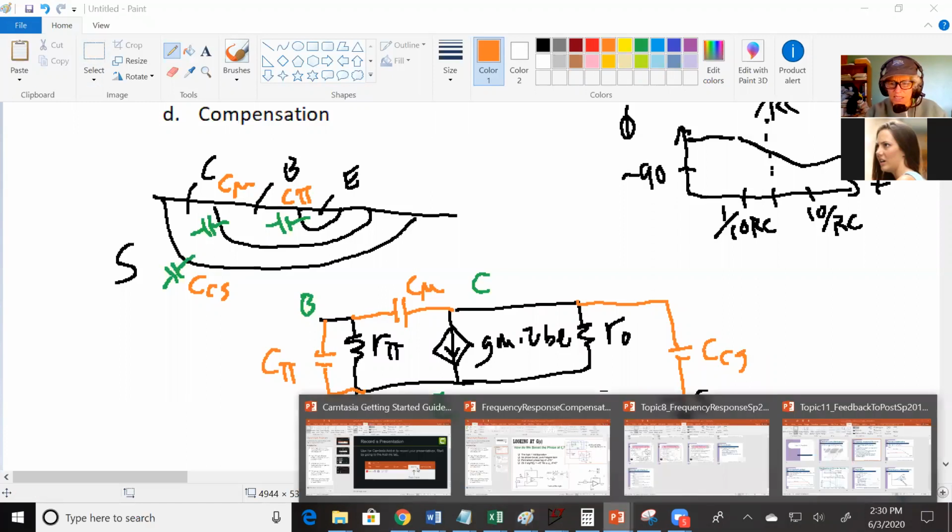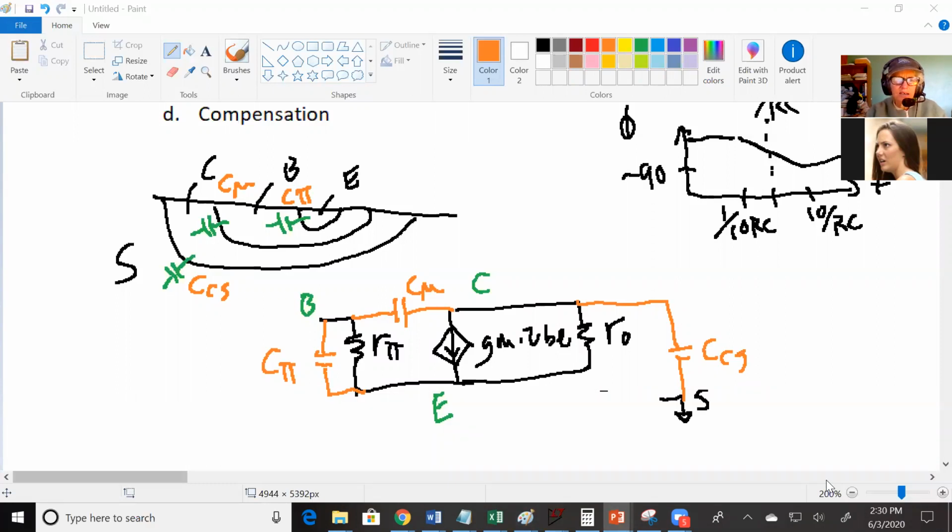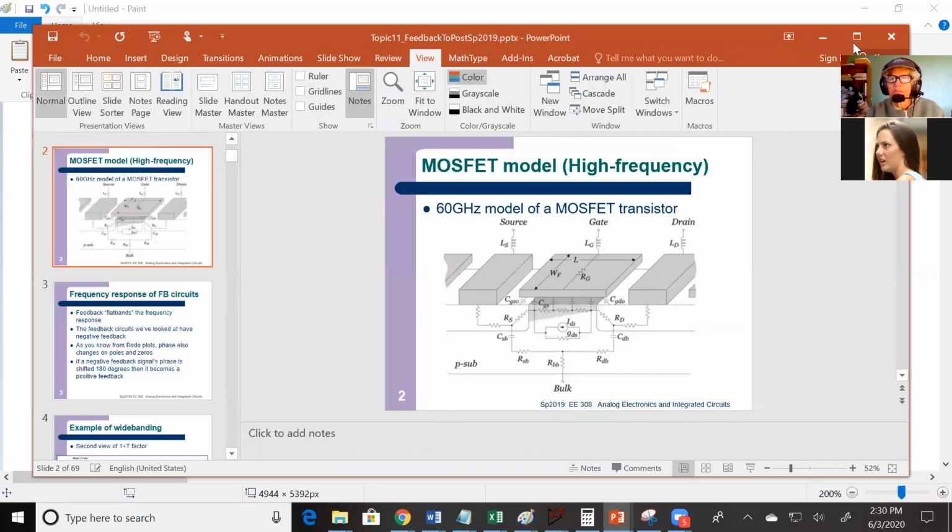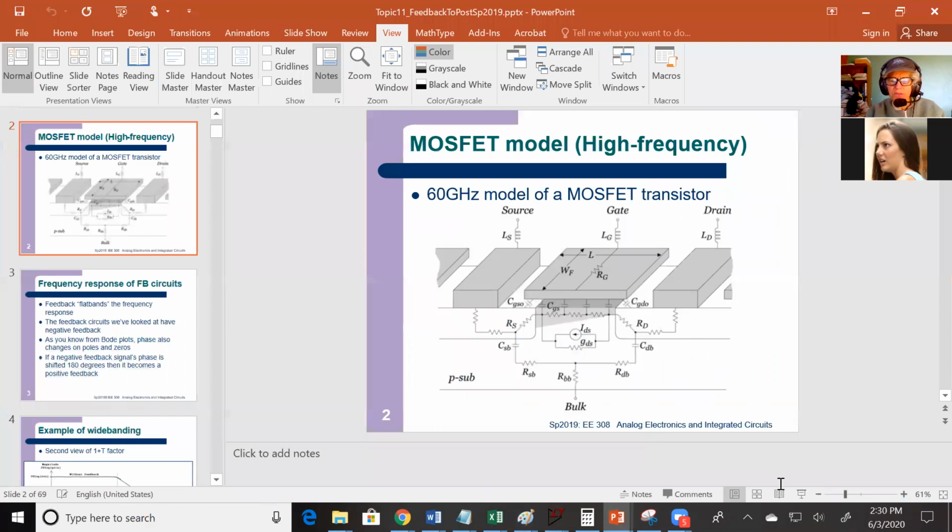I think I've shown you this before, but the research group that I worked with, we were trying to build a radio that worked at 60 gigahertz. In other words, a wireless device that worked at 60 gigahertz. And you can imagine, the model that we've been using, let me start the story over.